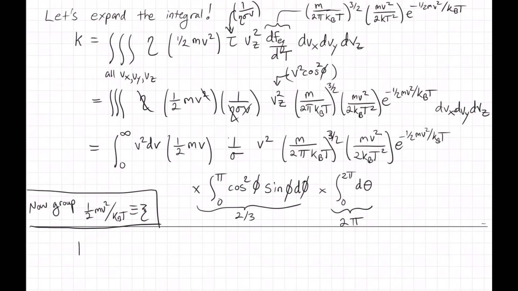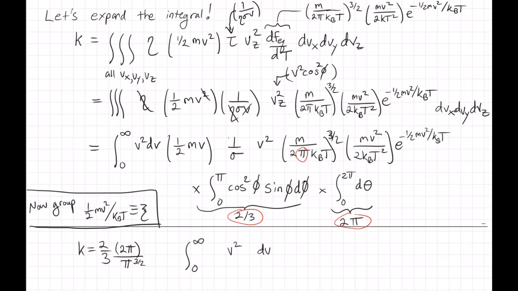All right, let's do the easy part of that first. We'll be able to identify a couple of out of place constants. I can pull the 2/3 and the 2 pi from the bottom integral out. If I look at the upper equation, there's also an out of place pi to the 3/2 that I can pull out. Is there anything else up there I can do?